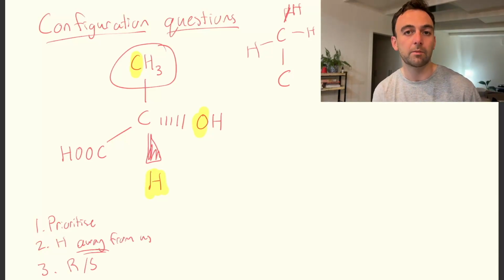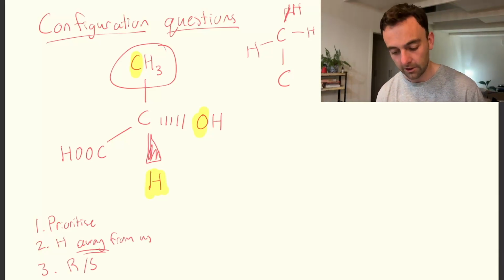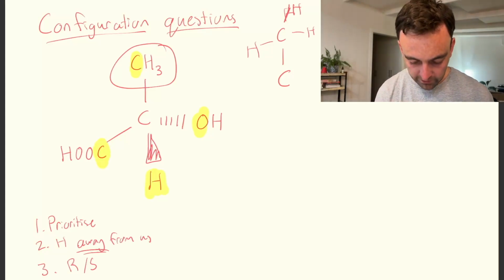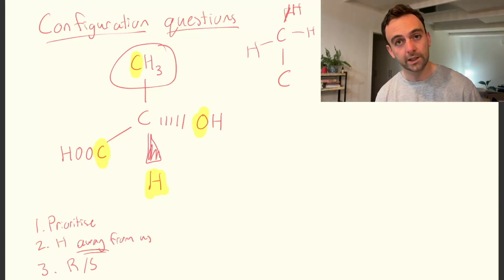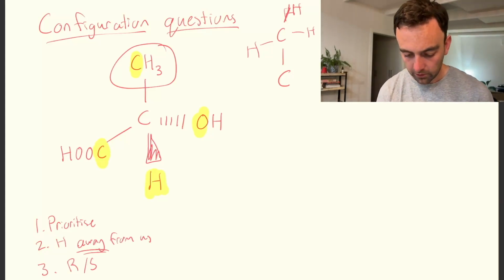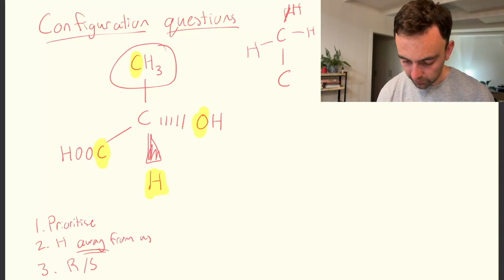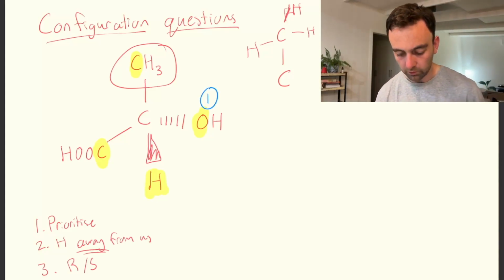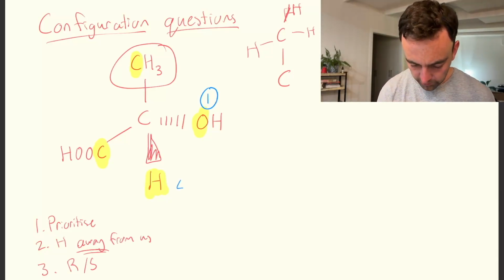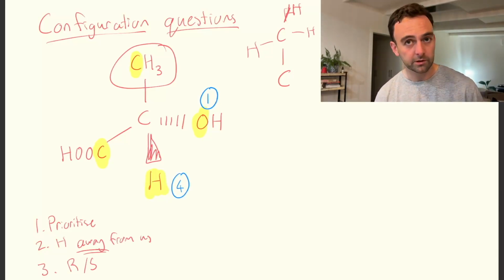Again, that's in my organic chemistry groups video, so I'll link that video in the description. But that will also be bonded to the carbon atom. So, okay, well that's great. We know that oxygen is the highest, because out of all those 4 groups, oxygen is higher than carbon. And we can also put in that hydrogen is 4, which it usually is.